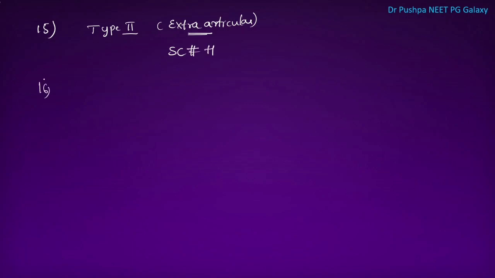Next one is most common complication of supracondylar fracture of humerus is malunion. This malunion causes cubitus varus or gunstock deformity, which is one of the important topic. 17th is most common fracture causing compartment syndrome in adult.